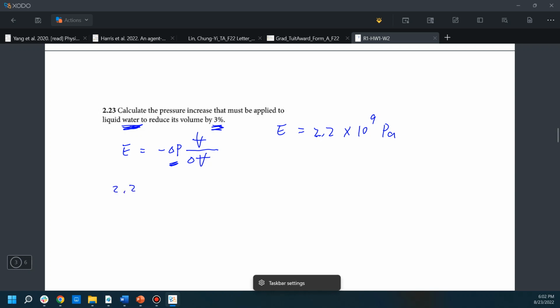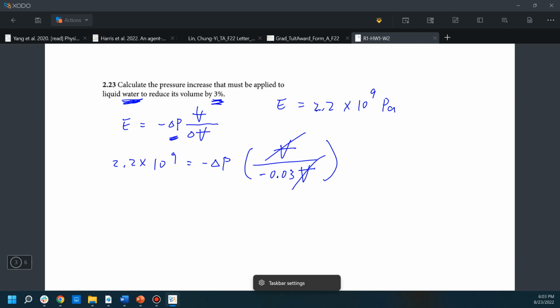This elasticity is 2.2 times 10 to the power of 9, and this is the unknown that we want to solve, and this is the original volume, and the delta volume is minus 0.03, which is 3% of the original volume, and we can cancel this volume variable.